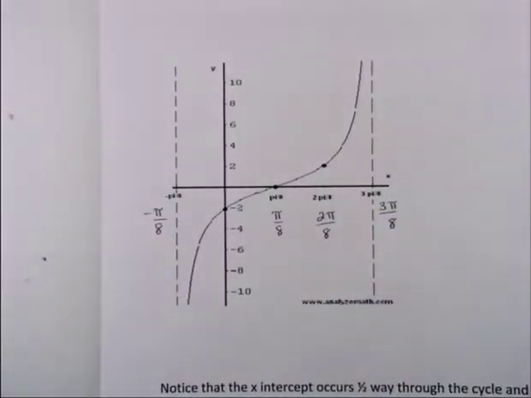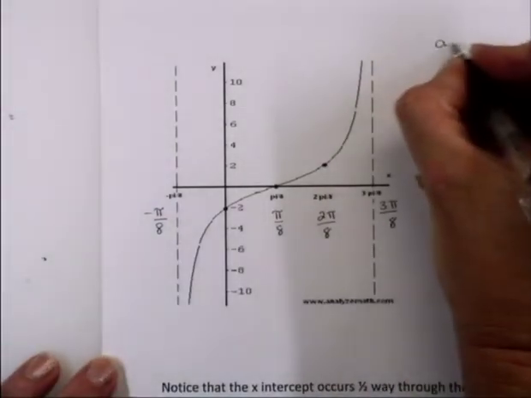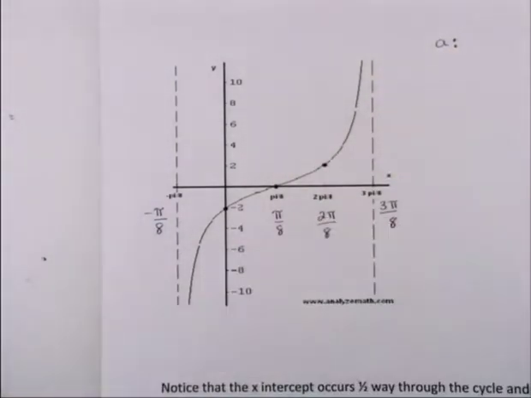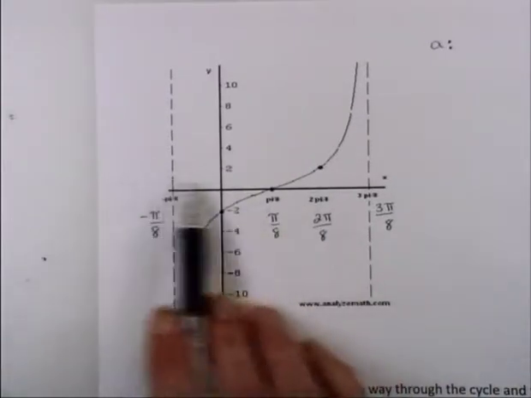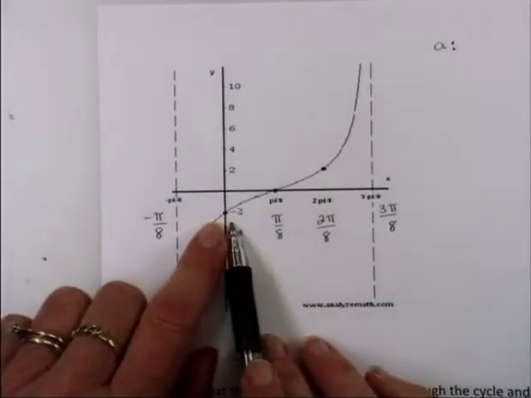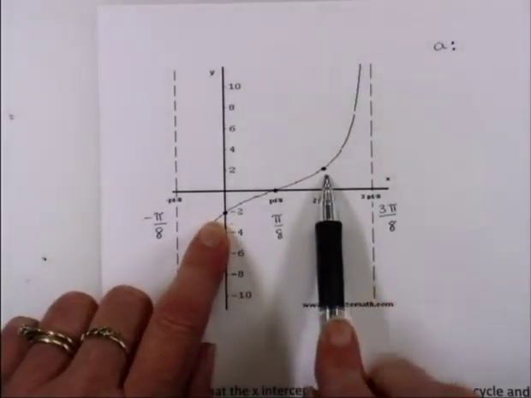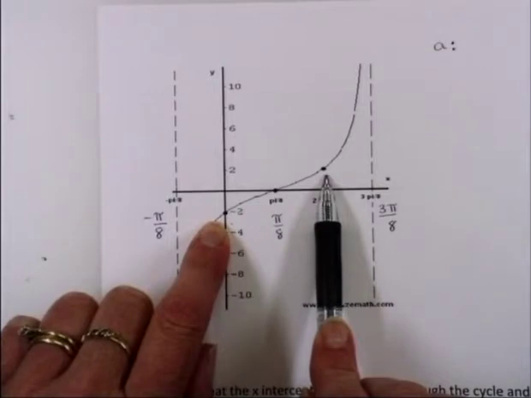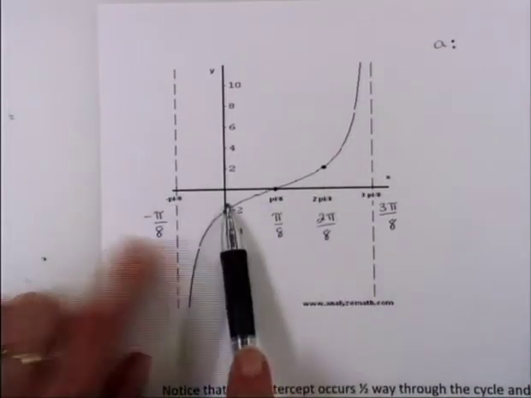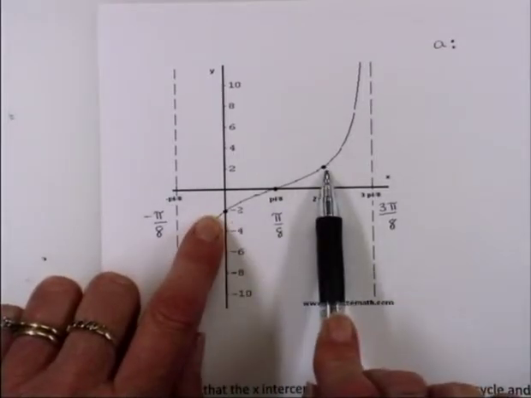All right, so let's start off by finding that A value, which again is not amplitude, but kind of the steepness of the graph. So in order to do that, it's going to occur 1/4 way through the cycle and 3/4 of the way through the cycle. So that A value is going to occur 1/4 of the way through and 3/4 of the way through.